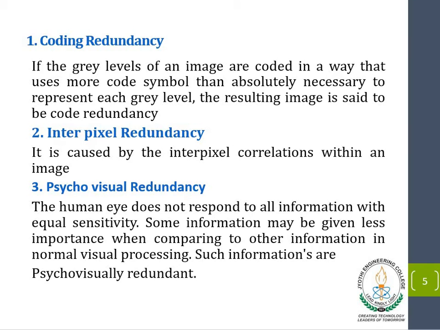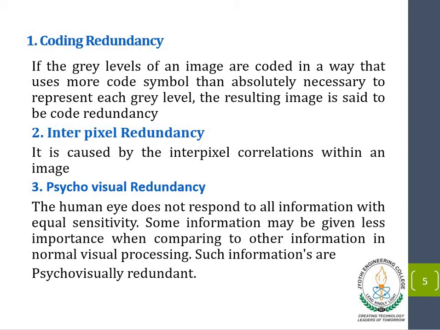The second one is interpixel redundancy. The interpixel redundancy is caused by the interpixel correlations within an image. The interpixel correlations are structural and geometric relationships between objects in the image.